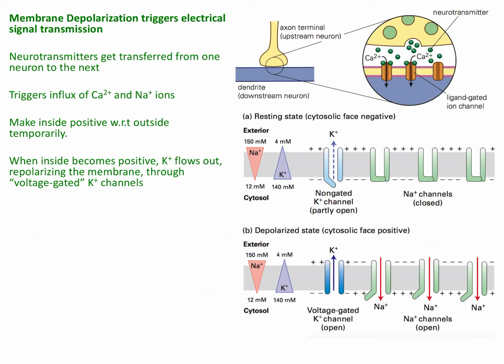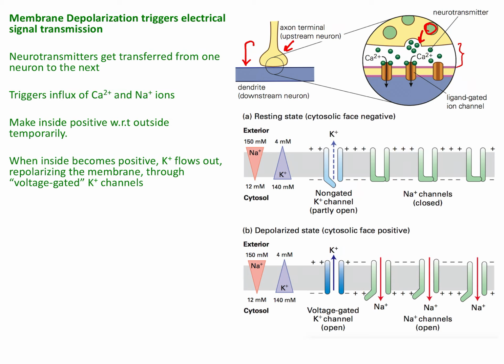In the image on top, you can see a synapse, and here this is the upstream neuron which is transferring a signal to the dendrite of a downstream neuron. Neurotransmitters are released in these vesicles at the surface of the upstream neuron.